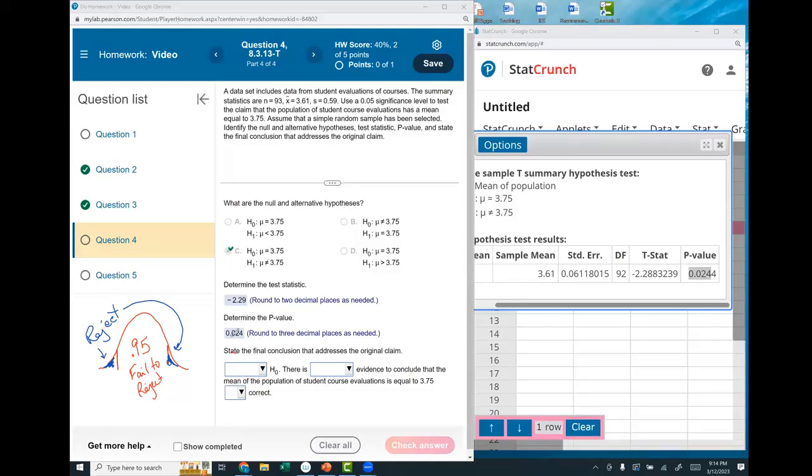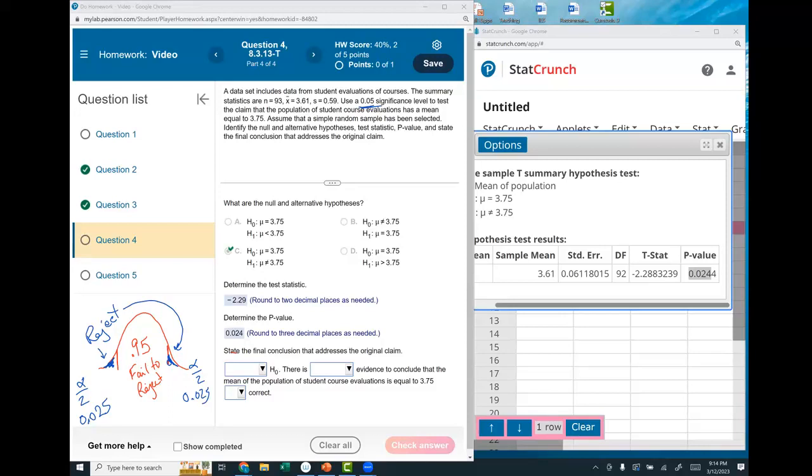Now, do we reject this? Well, if our alpha is 0.05, that means half of it, alpha over 2, is on this side, and alpha over 2 is on this side. So this is 0.025, and this is 0.025.